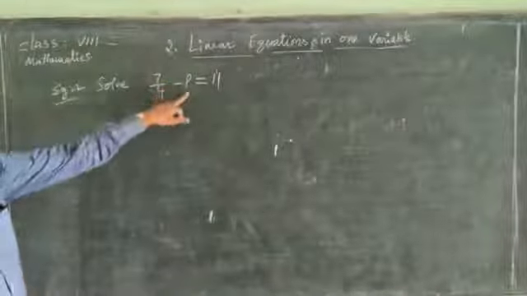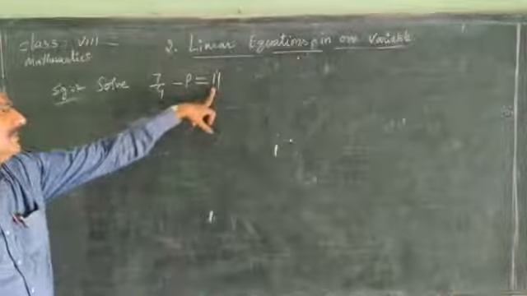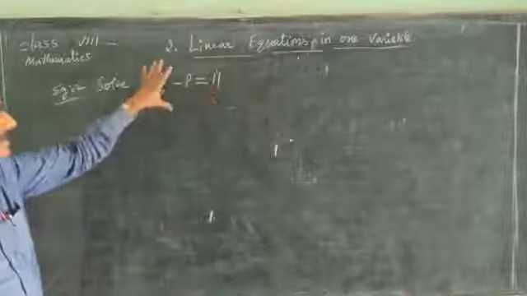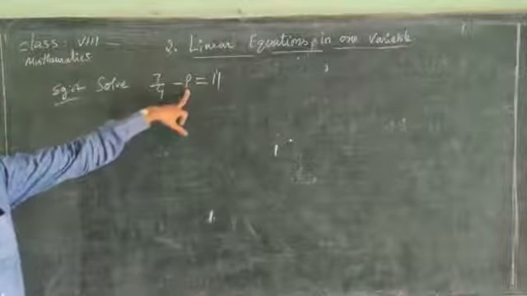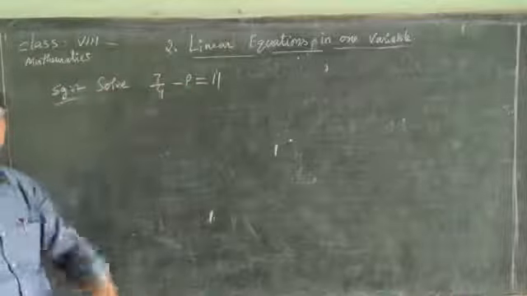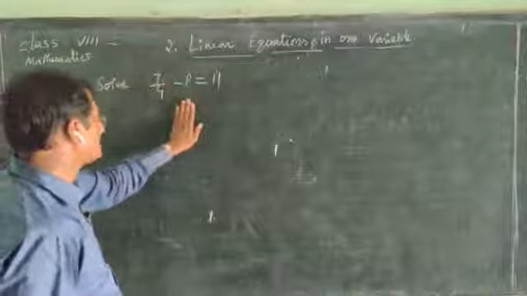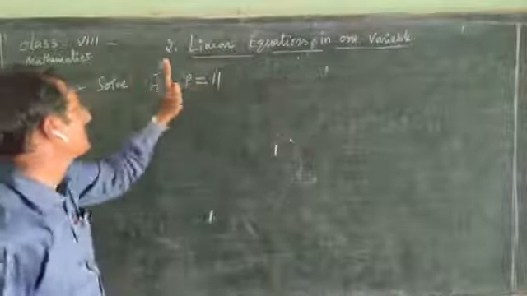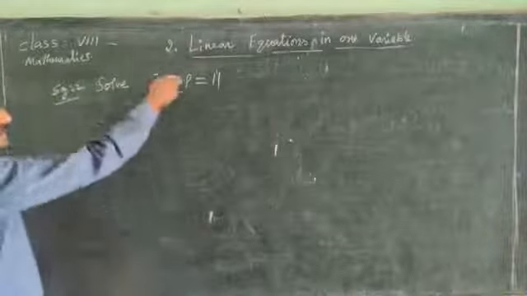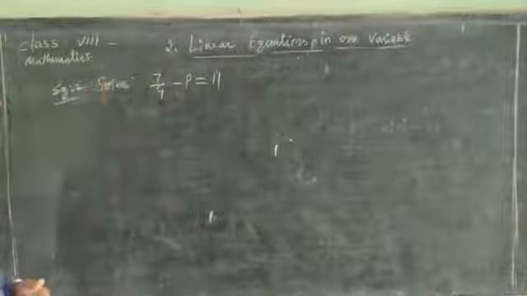There are two terms on the left side, only one term on the right side. Here also the variable p is on one side. First you leave the minus p on the left side and send the 7 by 4 to that side. You take 7 by 4 as a single term.